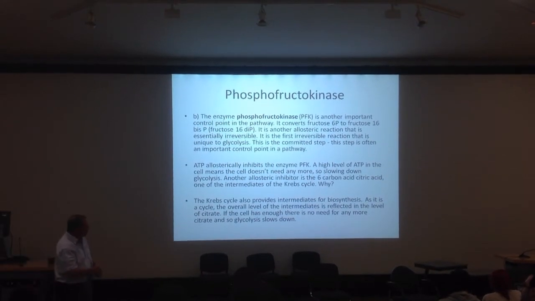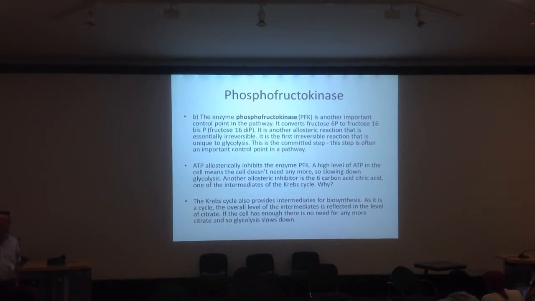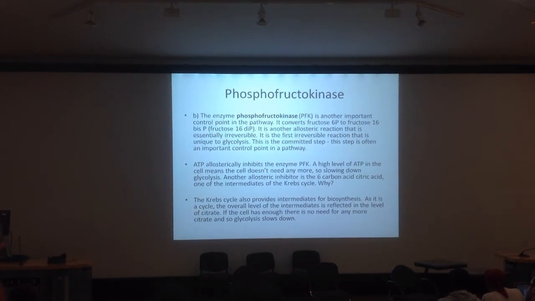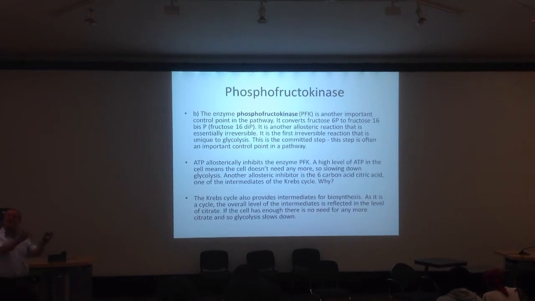So that molecule that we had before with the 2 phosphates sticking out. It's the first irreversible reaction that's unique to glycolysis. So that step's an important one, and that's called the committed step. That's the first step in the pathway that, if it goes down that, it's committed to glycolysis.